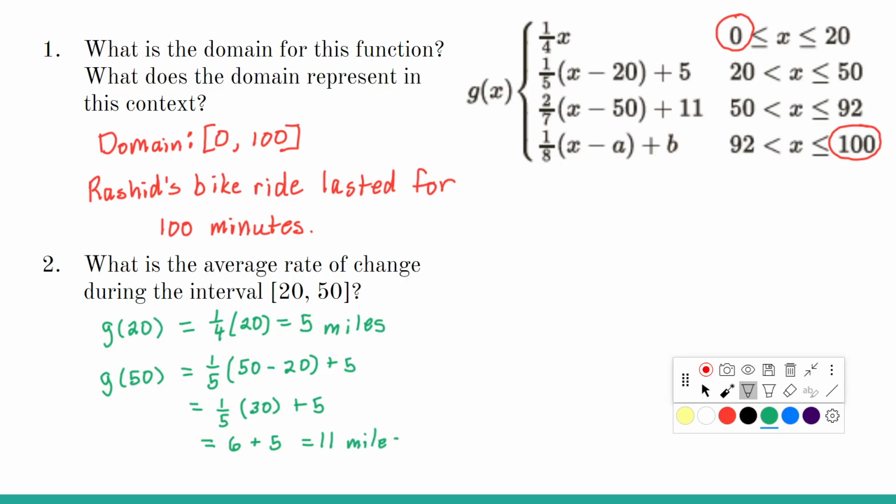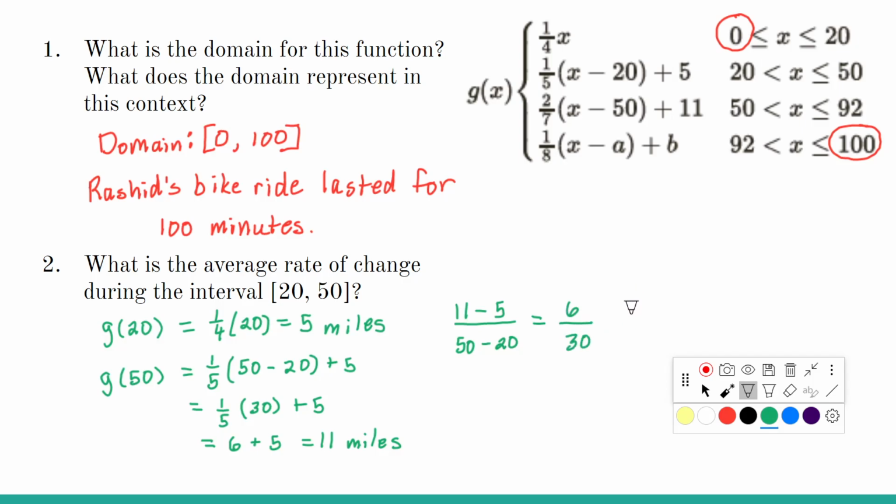Now for the rate of change, we're talking miles per minute. I'm going to take and find the difference in my miles, which is 11 minus 5, and put it over the change in my time, which was 50 minus 20. And what we see is that we have 6 over 30.